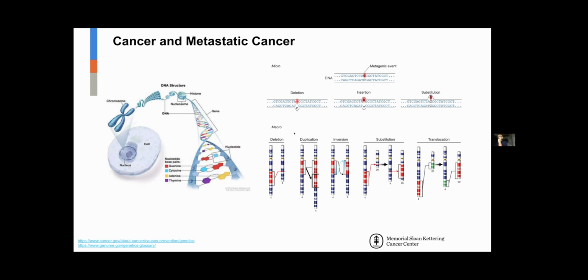But at the macro level, you can have whole deletions of the sequence, just being truncated or duplicated. There are all types of different alterations that can occur, and it becomes incredibly complicated. But these are all potentially sorts of biomarkers for cancer.